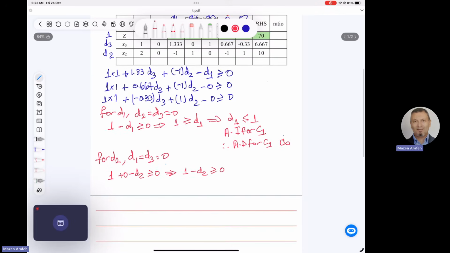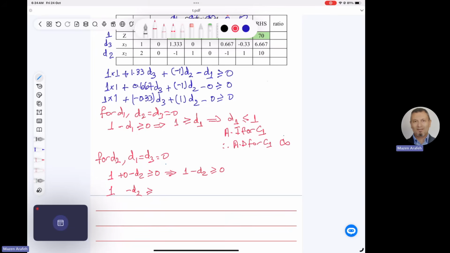Okay, so this is basically 1 minus D2 is greater than or equal to 0. This is from the first equation. Now let's do the second equation. What do I have? Again, this is a 1, and we have 0.667 times D3 minus D2 is greater than or equal to 0, minus 0.